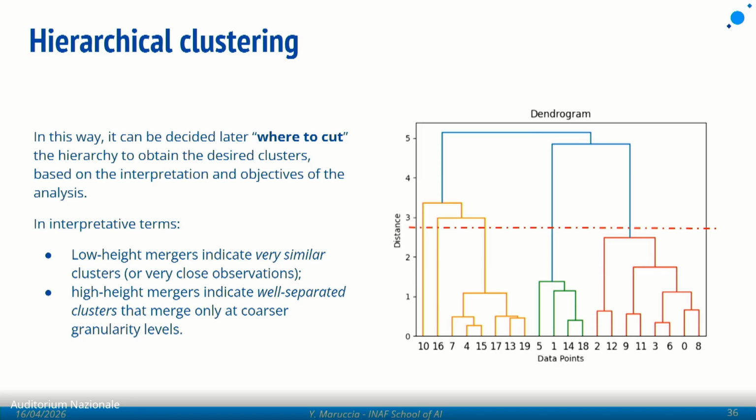And so we have to see if these clusters are in some way good for our scientific purposes, because before doing machine learning, we always have to ask ourselves: what do I want to solve, what do I want to obtain from this experiment, and then I have to understand if the data are telling me something that is good or not, in a scientific way. Okay, so here we also have to understand where to cut the hierarchy to obtain the clusters.